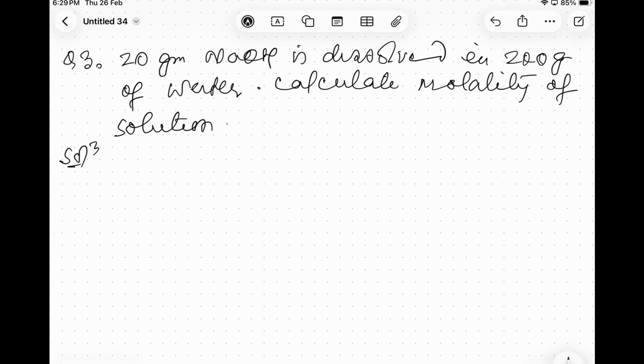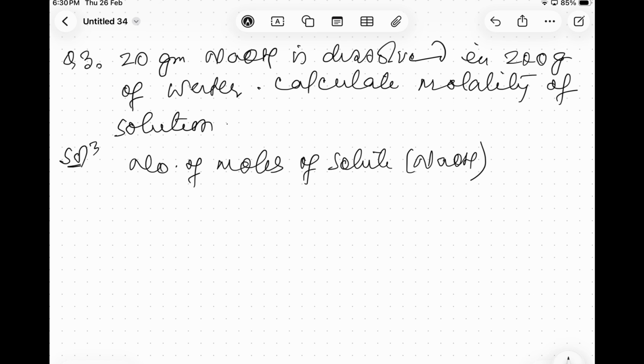We should take the steps. First, determine the number of moles of NaOH, that is solute, which has molar mass 40. So it should be 20 divided by 40, and the value should be equal to 0.5 mole.